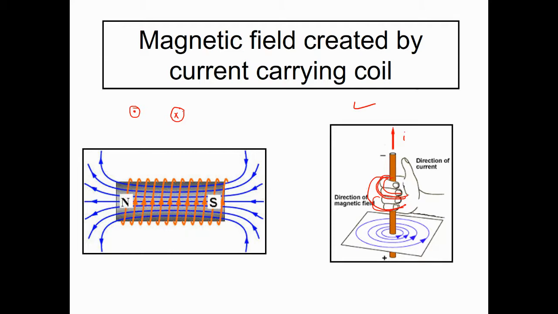Whenever you show these things in a three-dimensional view, we can just have a look, but when we explain this topic from a two-dimensional point of view, we can't. That's why in all the books, whenever you take the concept of the magnetic field, they indicate this dot and cross. The dot indicates the magnetic field lines are coming out of the page, and the cross symbol indicates the magnetic field lines are going into the page.